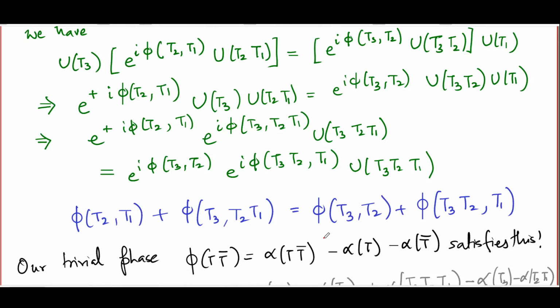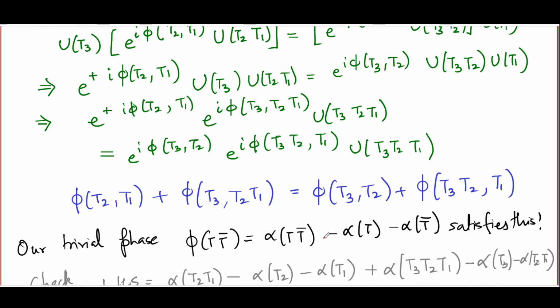Now, our trivial phase factor phi(t2, t1) given by alpha(t2 t1) minus alpha(t2) minus alpha(t1) definitely satisfies this. Let's just check whether that's true. The check is rather simple.